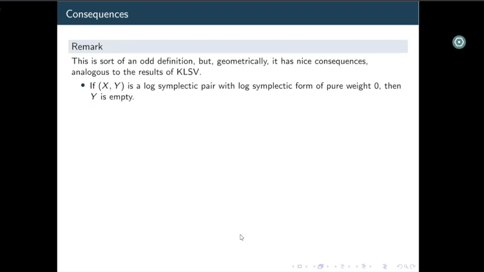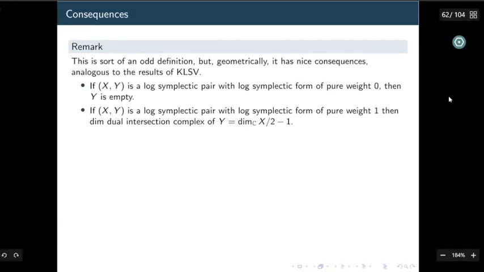So this corresponds to the fact in the Calabi-Yau theorem that if you have a degeneration of type 1, you can always make this smooth. If you have a log symplectic pair whose log symplectic form is of pure weight 1, then the dimension of the dual intersection complex is the dimension of X divided by 2, minus 1.